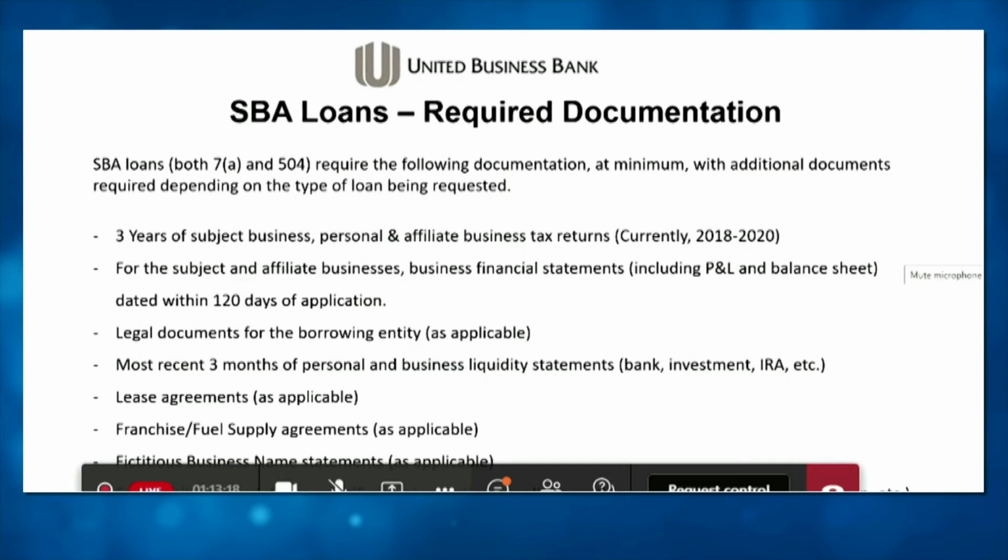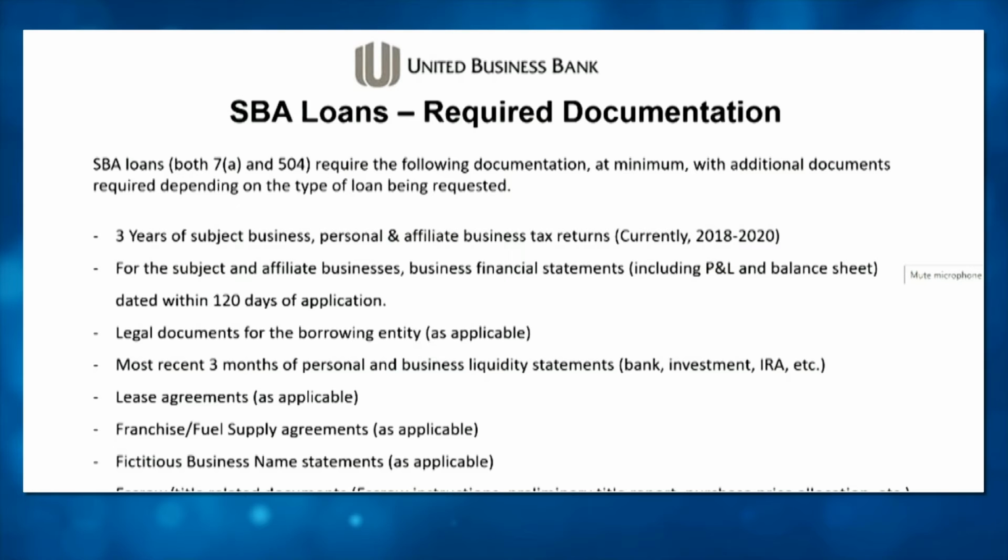Okay, so considering today is February 17th, if you were applying for a loan today and trying to prepare the financial statements, you might think, oh, 120 days, that's about 4 months. So going back 4 months, I can submit October end financial statements.